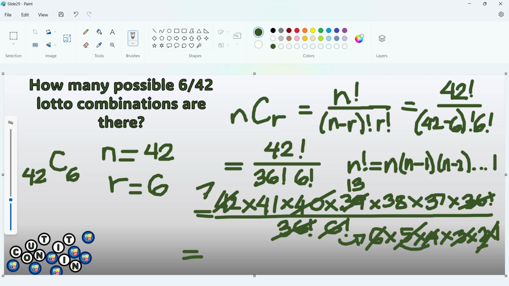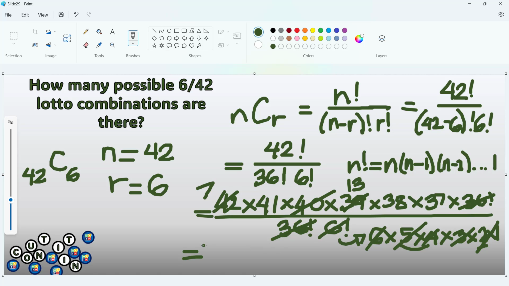I removed 40 already. The 39 becomes 13, and then I still have 38 and 37. Again, 7 is left from 42 because I removed 6. 41 is still here. 40 was cancelled because of 5 times 4 times 2. For 39, I divide by 3, leaving 13, then 38 times 37.